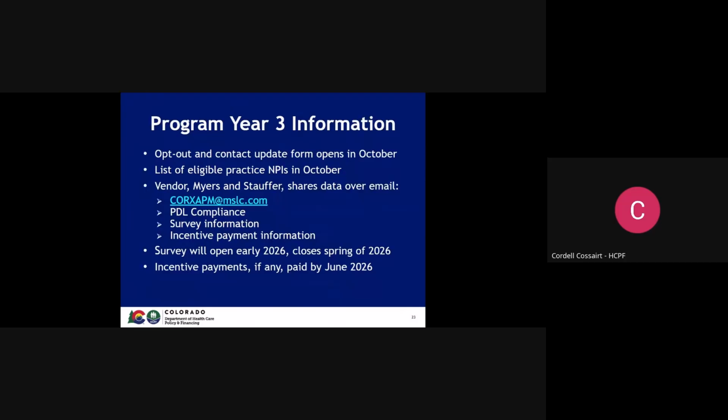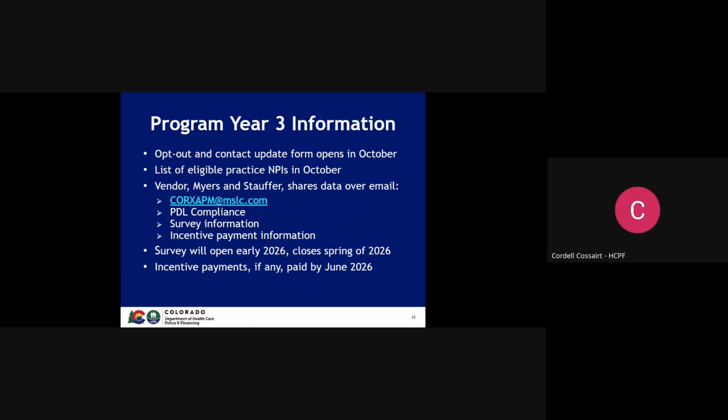What to expect for Program Year 3 is also very similar to Program Year 2 as well. Again, we will have an opt-out and contact update form posted on the Prescriber Tool Alternative Payment Model webpage in October. A list of eligible practice NPIs will also be posted in October. This is the list of eligible provider types that had outpatient fee-for-service pharmacy claims in the past state fiscal year.